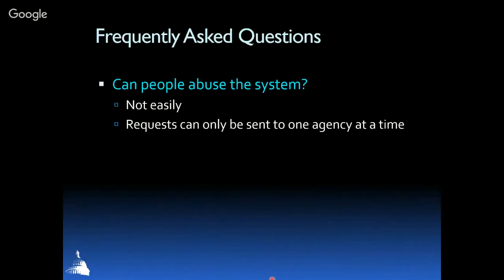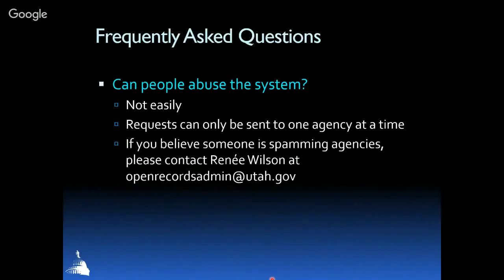And that is the only such submission that we've had. And then, of course, each department denied the requester because it was for information that was already available online. So if you do believe that someone is spamming you or is abusing the system, contact me and we will look at it together and figure out a solution on what to do, because that is definitely not what we want to happen.